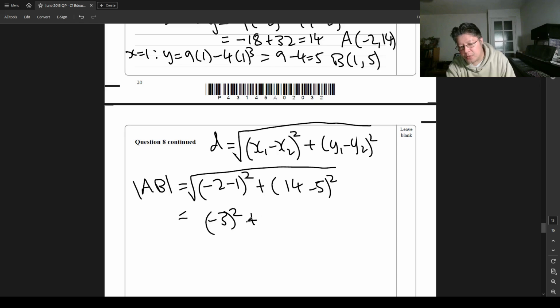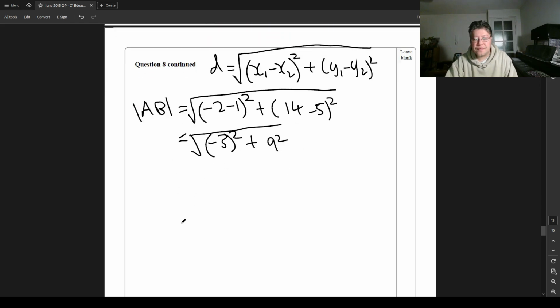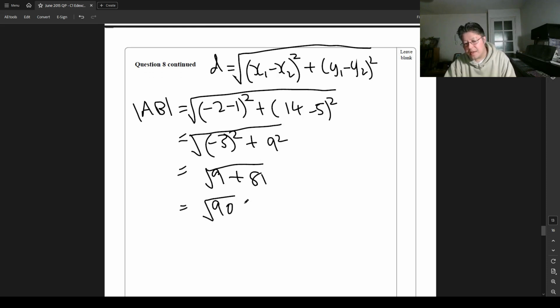So that's minus 3 squared, and this is a 9. So we get 9. Minus 3 squared is 9 plus 81 all rooted, and that's root 90. And we can split up the surd.